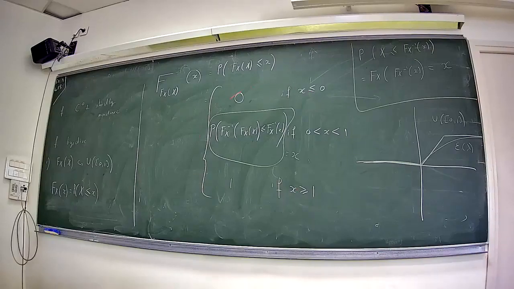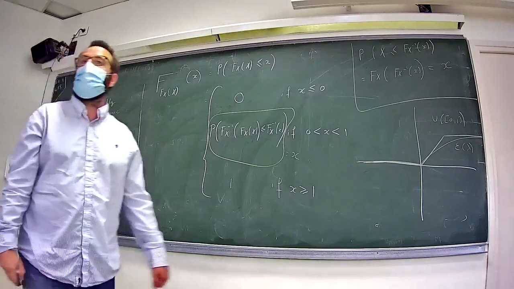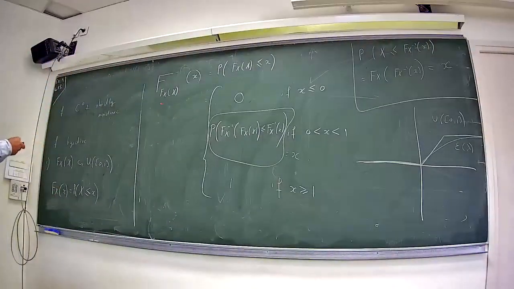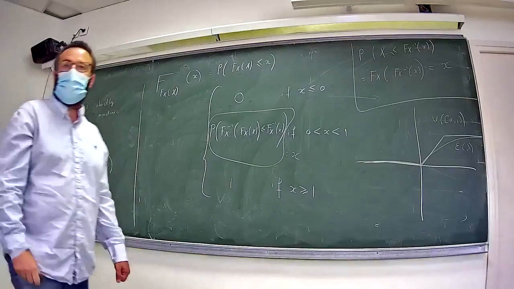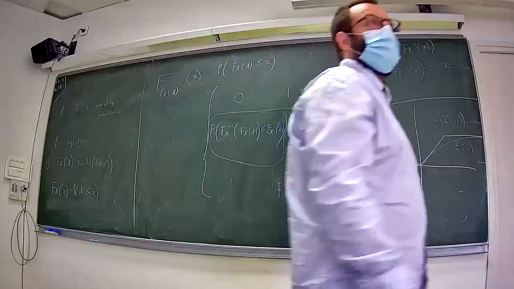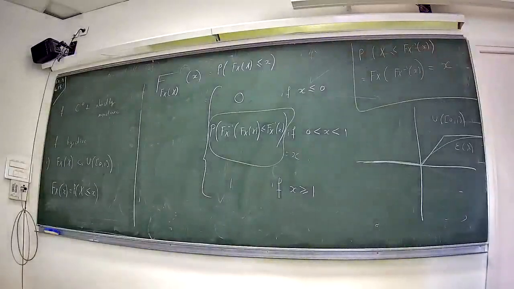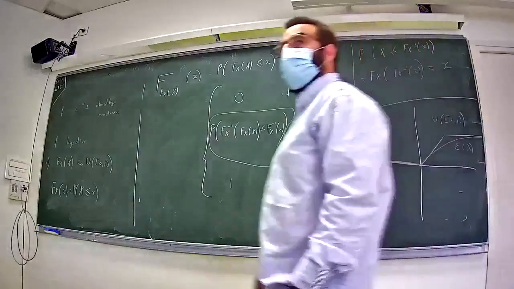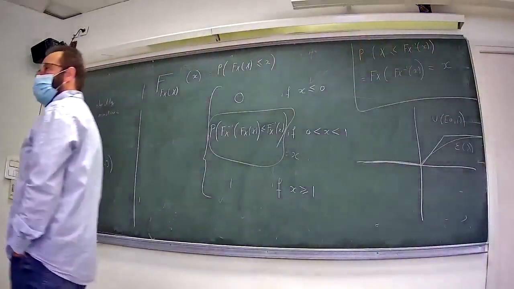What I recognize here is exactly the distribution function of a uniform on the interval 0, 1. So this random variable has the same distribution as a uniform on the interval 0, 1. So I can conclude that it follows a uniform on the interval 0, 1, because the distribution function characterizes the distribution of a random variable.